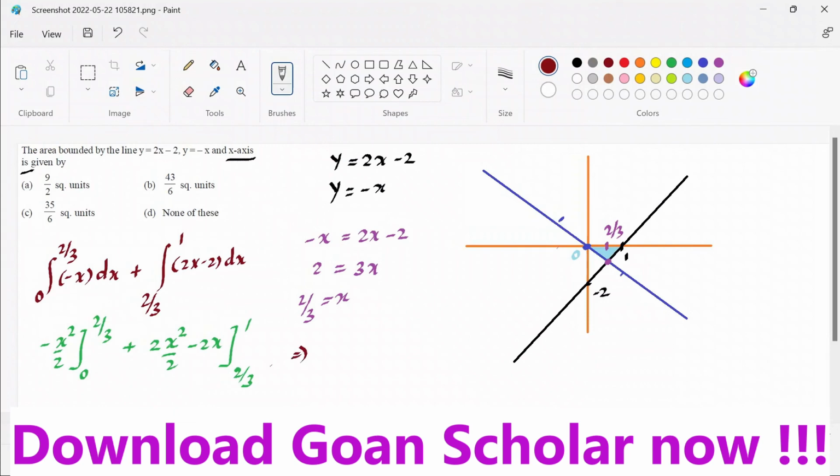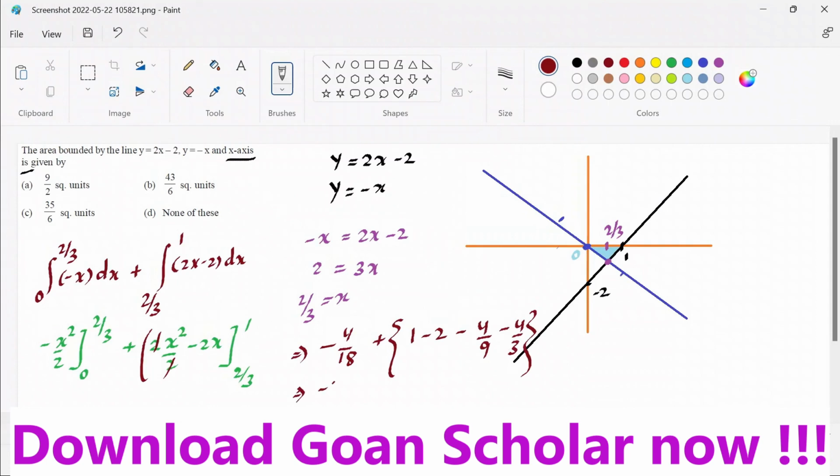Putting the upper limit in the first one, it will be 2 2s are 4 by 9 2s are 18, minus 4 by 18, plus in the second one, putting the upper limit, this cancels with this, 1 minus 2, and minus lower limit 4 by 9 and minus 4 by 3.